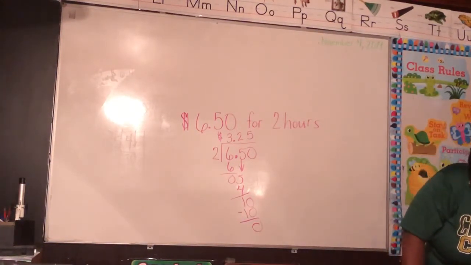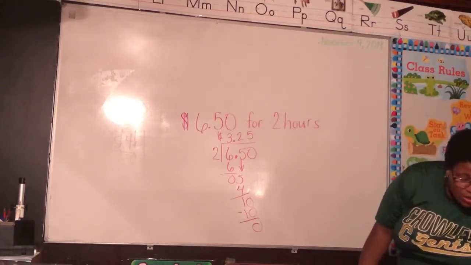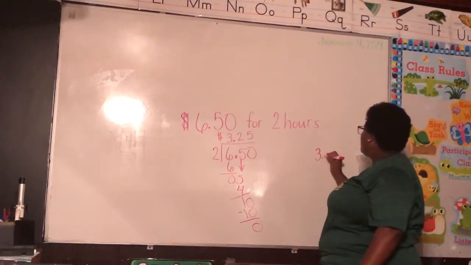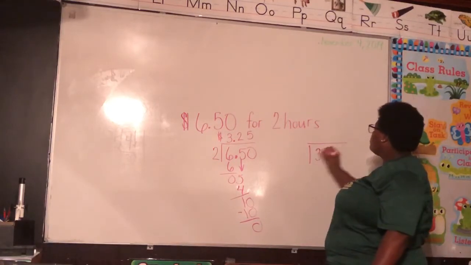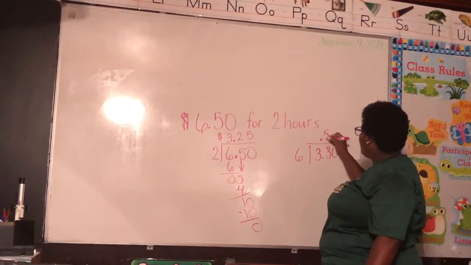So the next word problem, it says Alexander bought 6 candy bars for $3.30. How much did he pay for each? Same concept. He had $3.30 for 6 candy bars. So we're gonna just divide. I'm putting my decimal already.